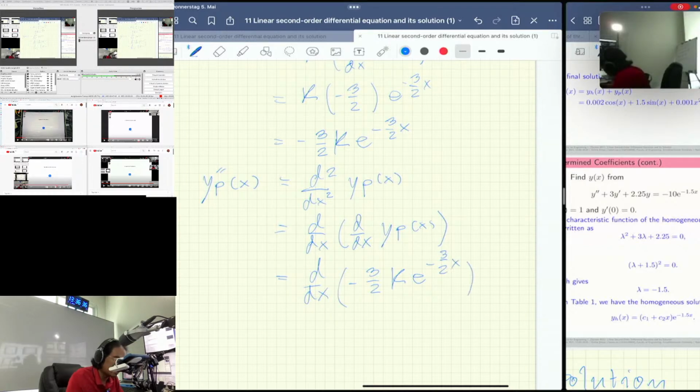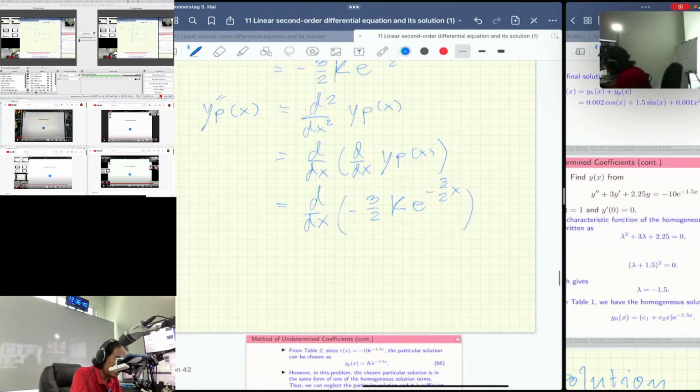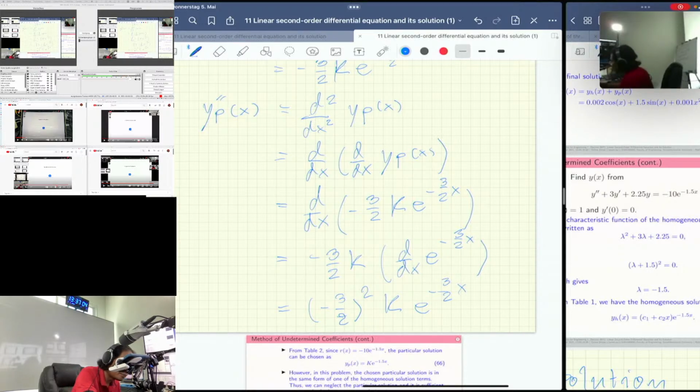Of course, it will be equal to -3/2 K, and we have d/dx of exponential -3/2x right here. After that, you can see that it's equal to (-3/2) squared K exponential -3/2x, right?